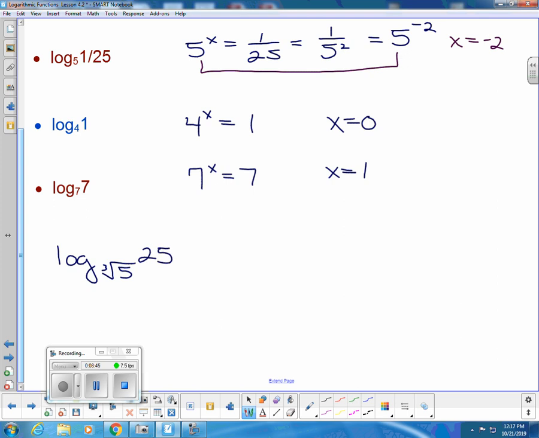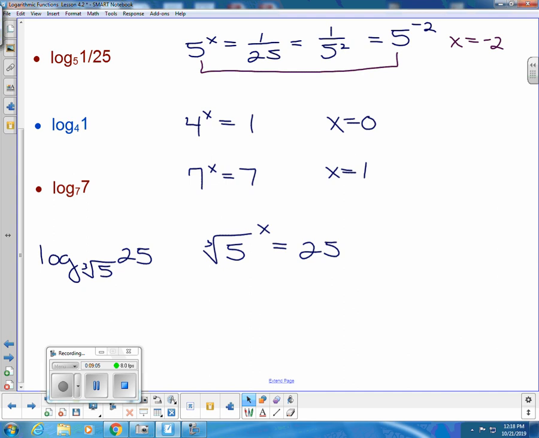Okay, take a minute. Start it like we've been doing. Base to the x equals the number. Okay, did everyone start it that way? So 5 to the 1/3 is how I would write that. And it already had an x, so the x is still there next to it. Should multiply the exponents there.